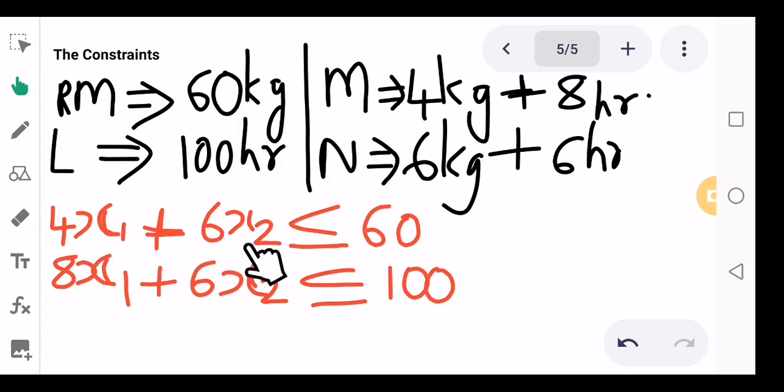We have represented that through the first equation, and this is the first constraint.